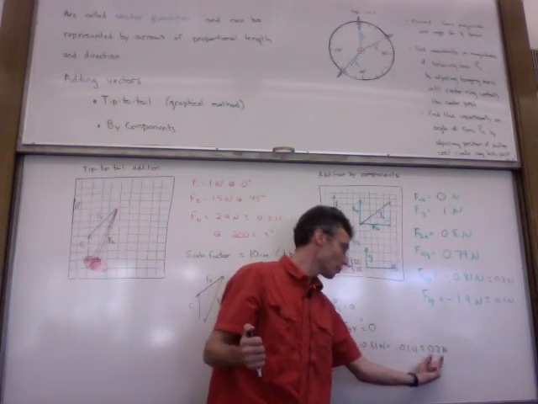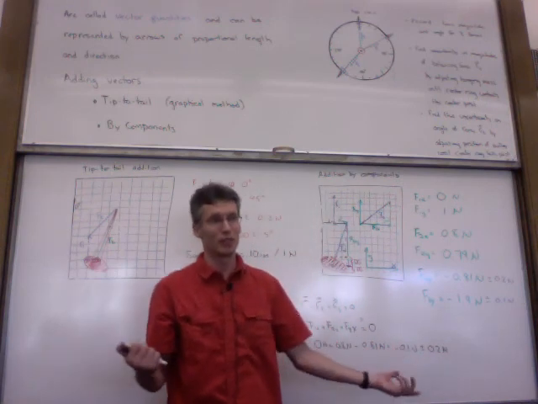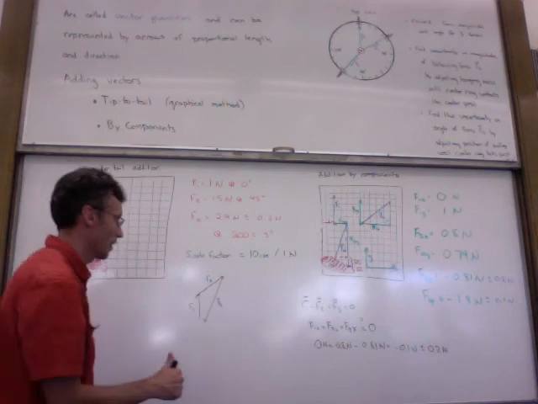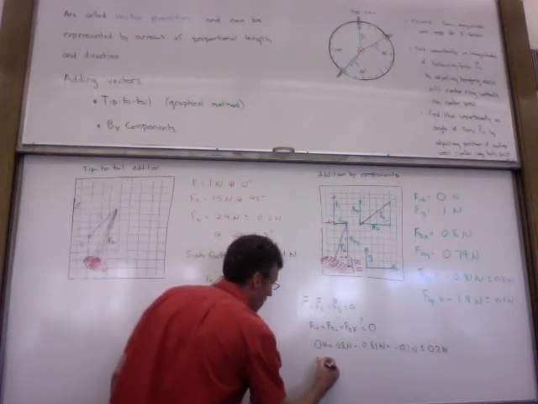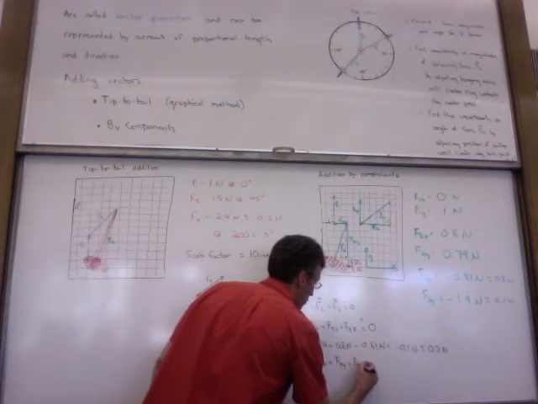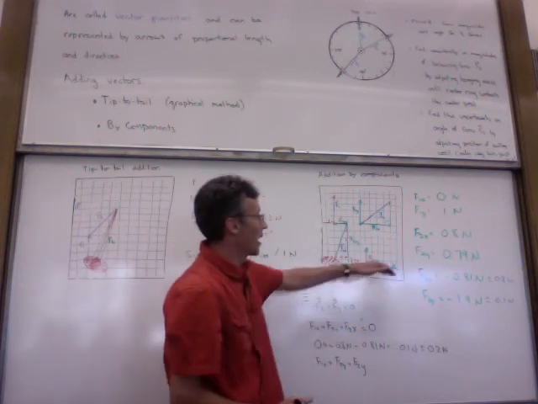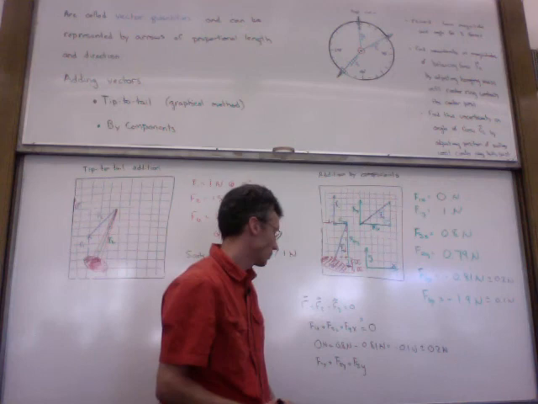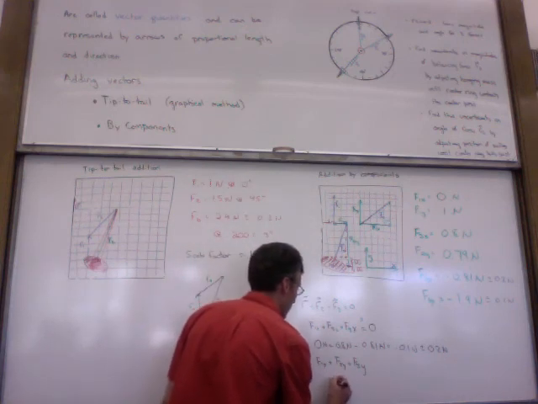Okay, so if the uncertainty is bigger than our difference from 0, then that essentially adds up to 0. And we'll do the same thing for y. Adding up the y components and testing if they're equal to 0.